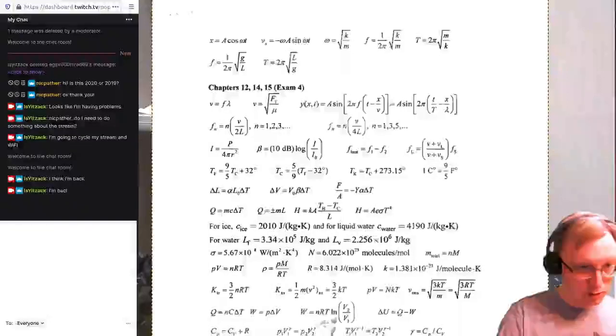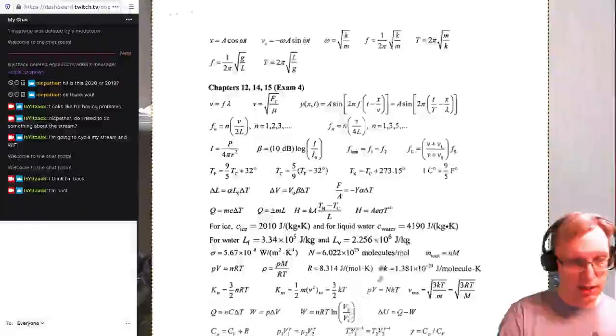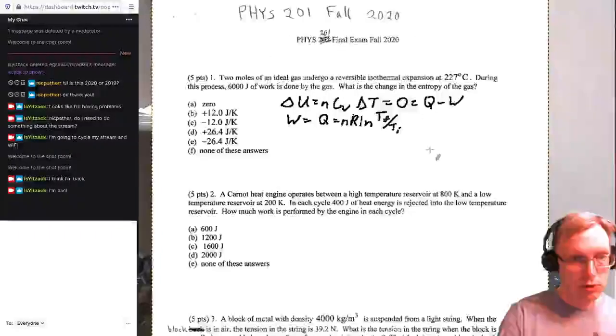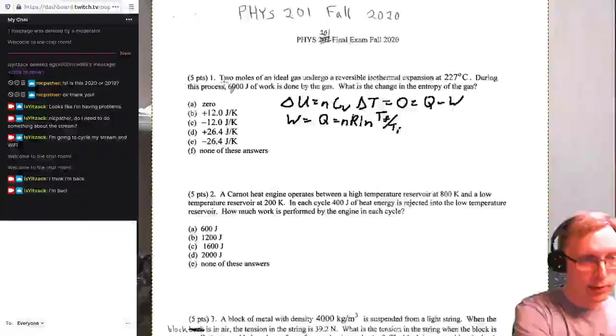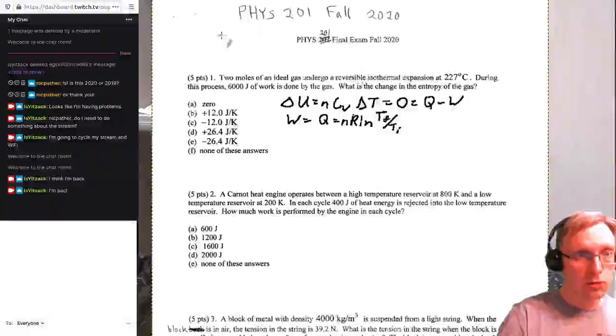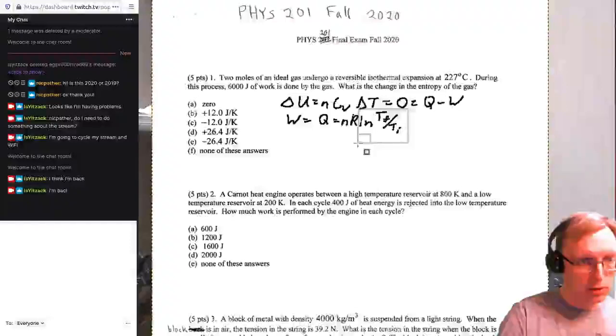Work is in RT, and it's V final over V initial. Nope, I did not do that right at all. Give me my R. Try that again, because this would be 0.